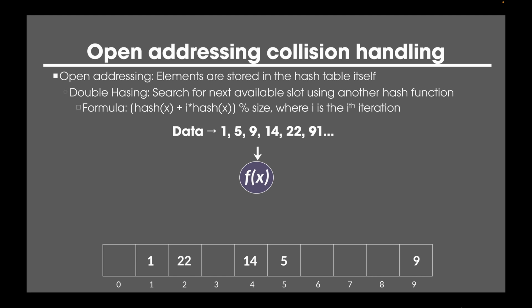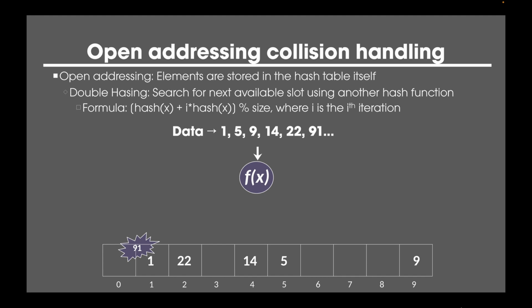This hash function can be the same hash function or can be a totally different hash function. Modulus size, where i is again the ith iteration. For simplicity, consider the same hash function is being used.